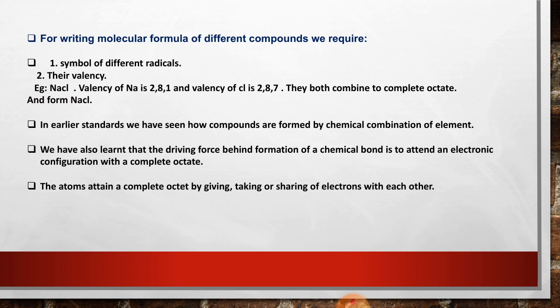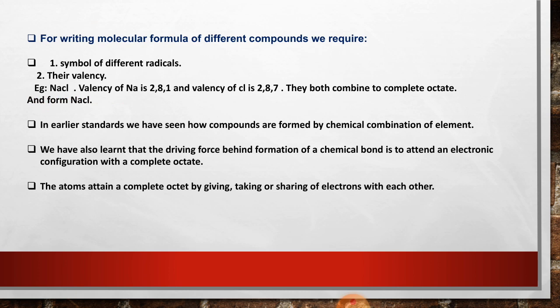Now if you look at this, in the outermost shell of Na there is one electron, and in the outermost shell of chlorine there are 7 electrons. So when 7 and 1 combine with each other, they complete the octet, that is 8 electrons, and form a compound, that is NaCl. For that, the symbol is important. Na is the symbol of sodium, Cl is the symbol of chlorine.